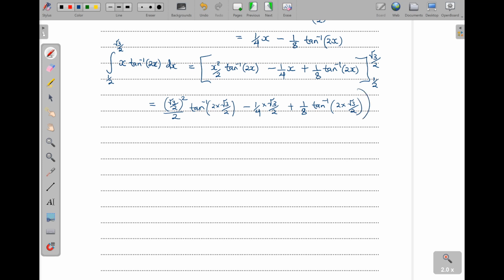Then after that, we are going to subtract. Let us now put this a half. So we have a half squared, then divide by 2, and then the arctan of 2 times a half, okay, then minus a quarter times a half, then plus 1 over 8, then the arctan of 2 times a half, like that.